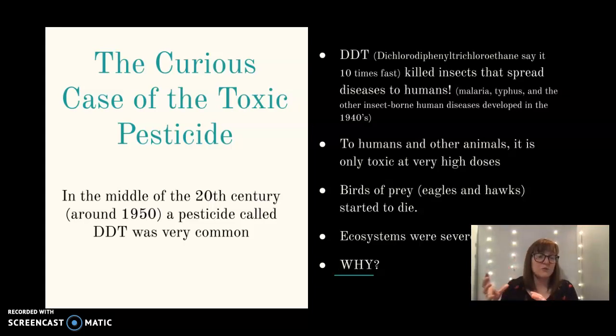Their shell had no strength, and the strength that was lost was because of the DDT in their system. So we almost completely lost our eagle population, and we also almost lost indirectly a fox population.